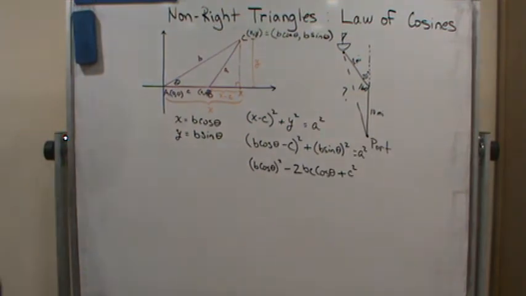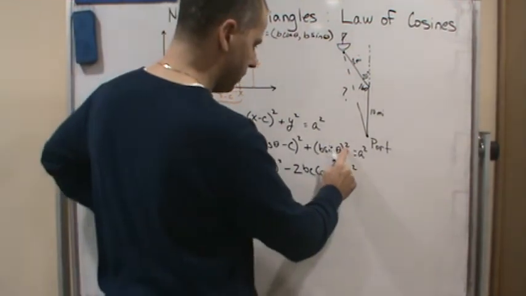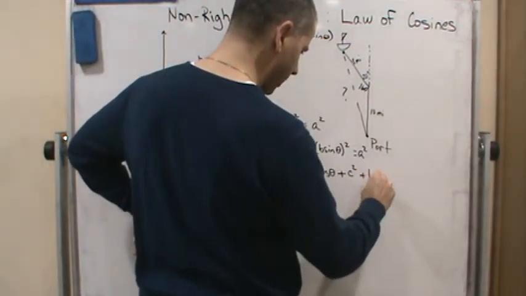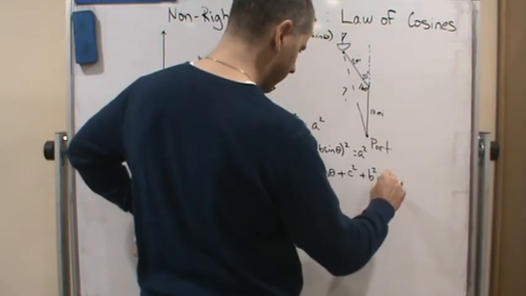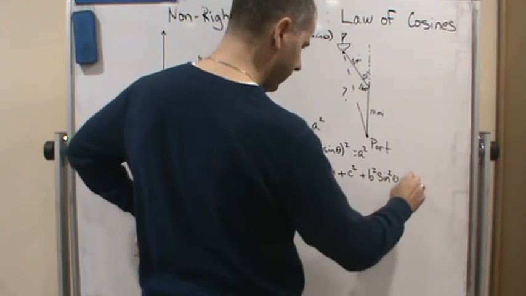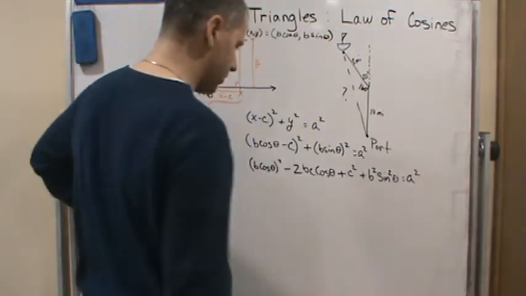And then of course, I'm going to distribute the square here, and this is just going to be plus b squared sine squared theta equals a squared.